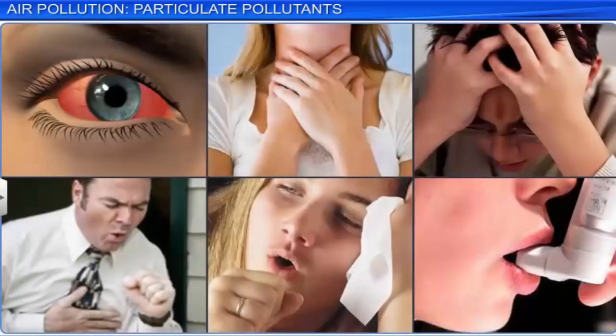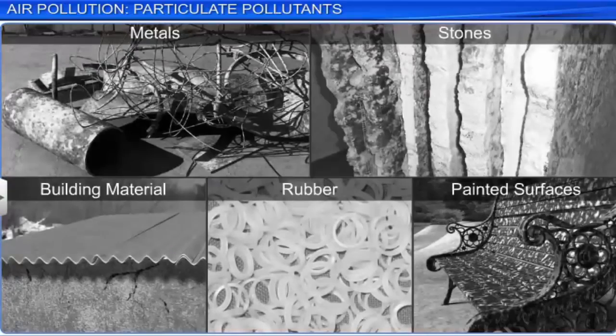These components of photochemical smog cause health hazards in animals and in man, such as eye, throat and lung irritation, headache, chest pain, cough, difficult breathing, etc. It also corrodes metals, stones, building material, rubber and painted surfaces.